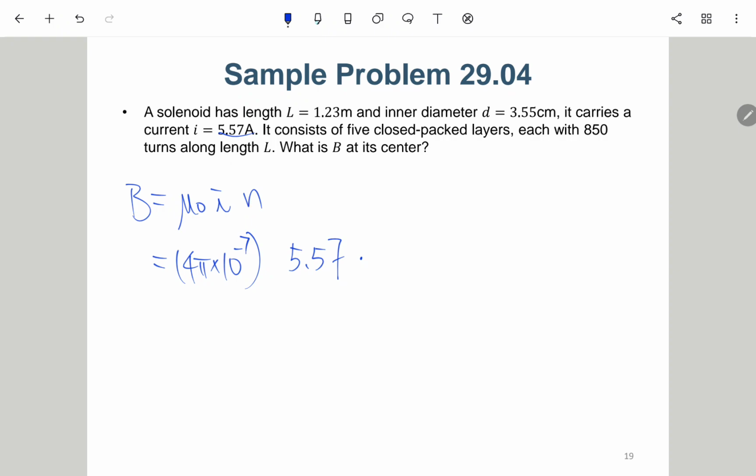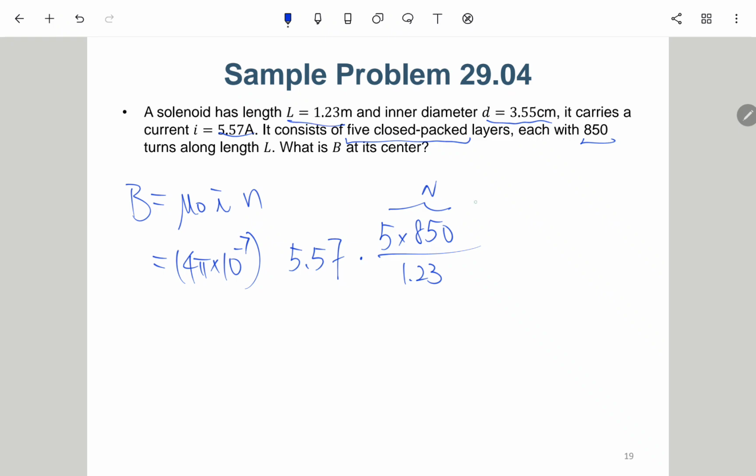So it says it has 5 packs, with 850 turns for a single pack. So we have 5 times 850. This is the total number of turns. So we need to divide by the length, which is 1.23 meter. It has nothing to do with this diameter. It is only related to the length.